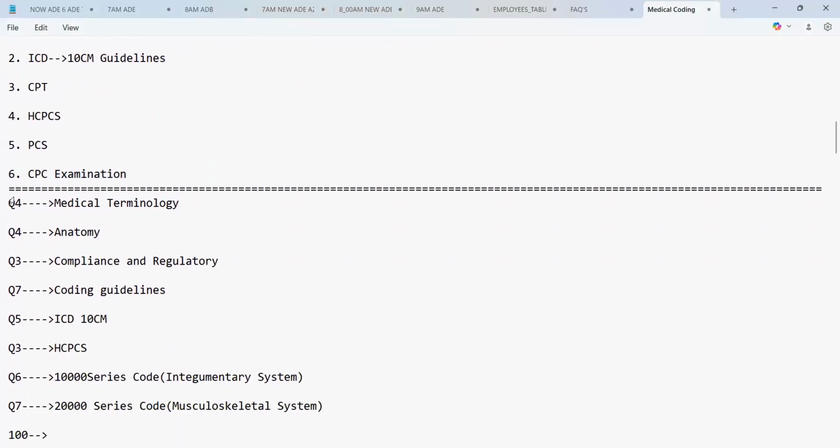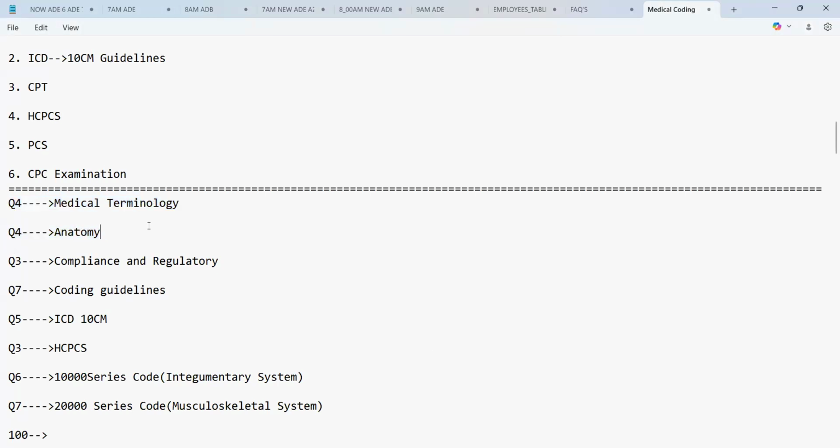So this is the question pattern, guys. Almost 4 questions will be on medical terminology, 4 questions on anatomy, but not exactly. This is the approximate pattern, because this is an online examination and a random paper will be given to everyone. There will be no fixed pattern, but mostly this is the pattern they follow.